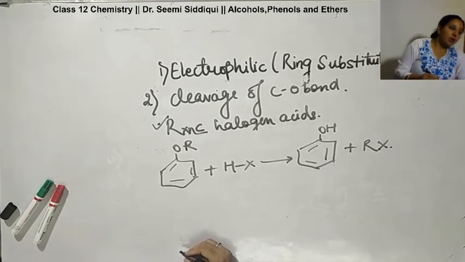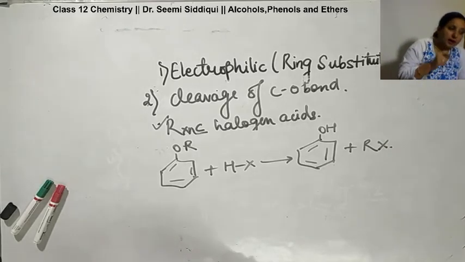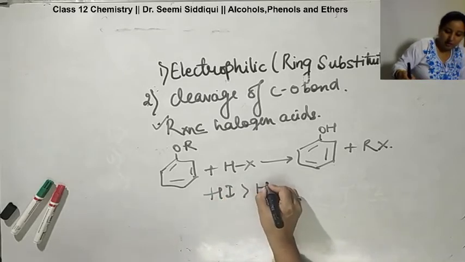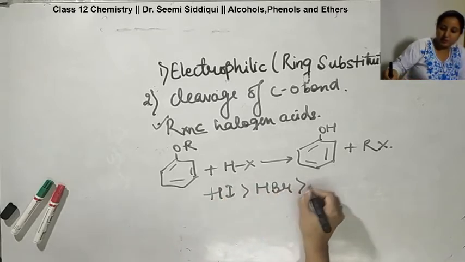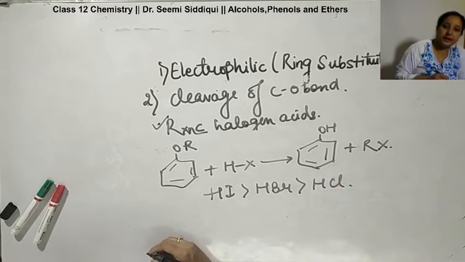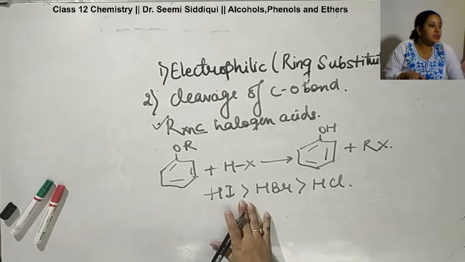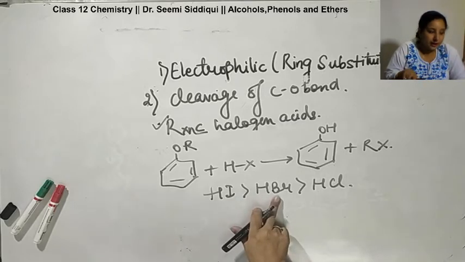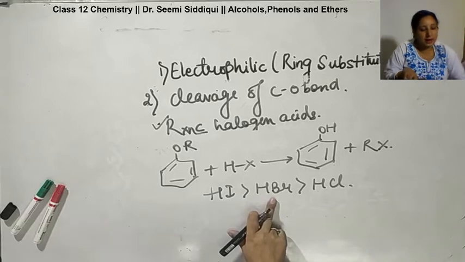Okay. Now the order of reactivity of hydrogen halides is hydrogen iodide, HBr and HCl. Clear? Now we say the cleavage takes place with concentrated HI or HBr at a high temperature.